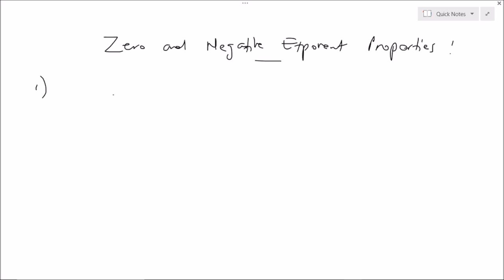Now, I'll also explain the zero and the negative exponent properties of indices. The first one, the zero exponent property, is very simple. We say that if a is not equal to 0, then a exponent 0 is equal to 1.